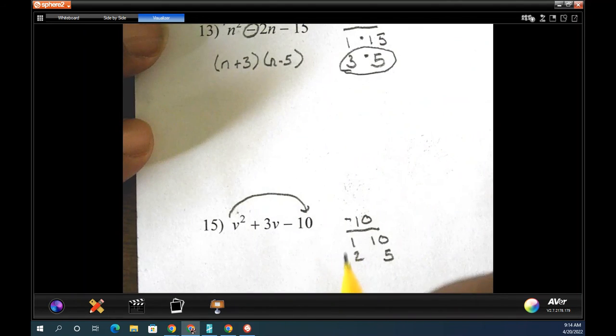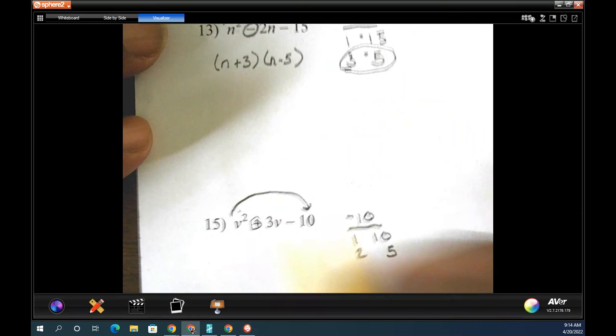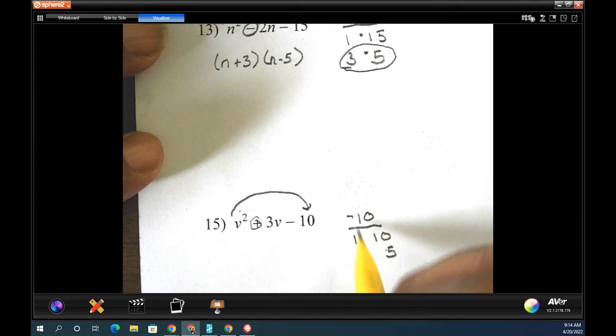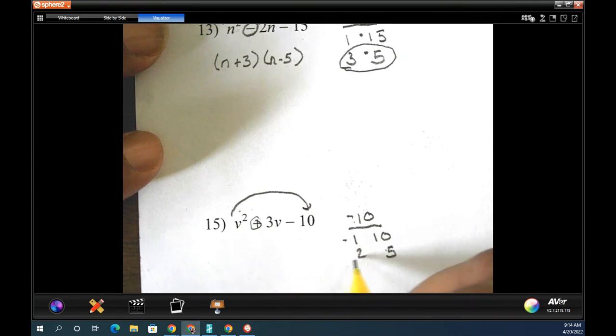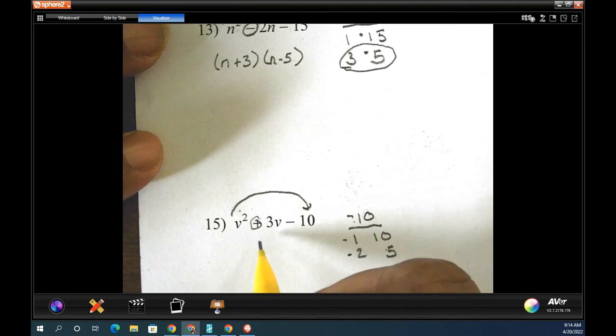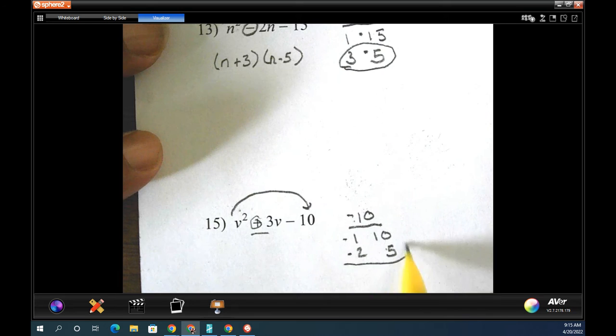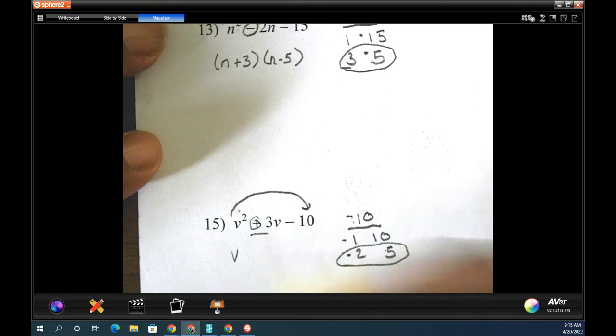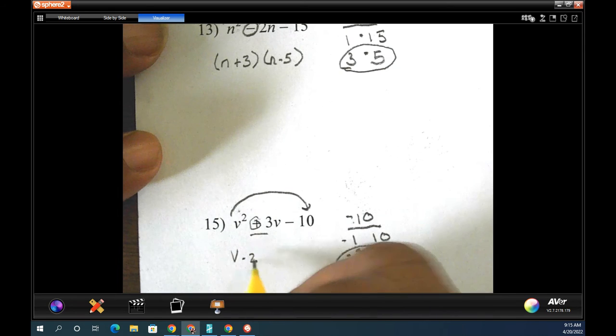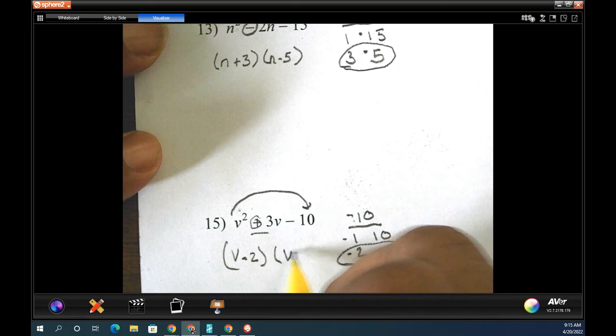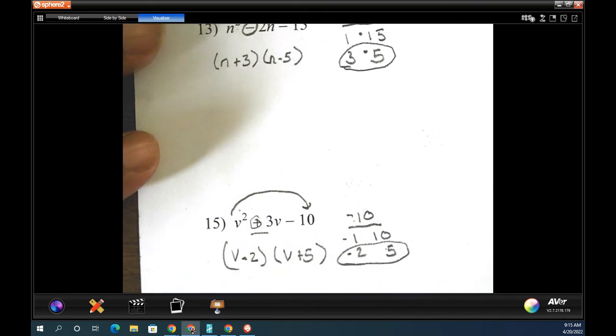Okay. All right. The larger factors are going to be positive. That's a negative number, so we have to change these to negative. Which to add up to 3? Right there. So this would be v minus 2 times v plus 5. That's your answer.